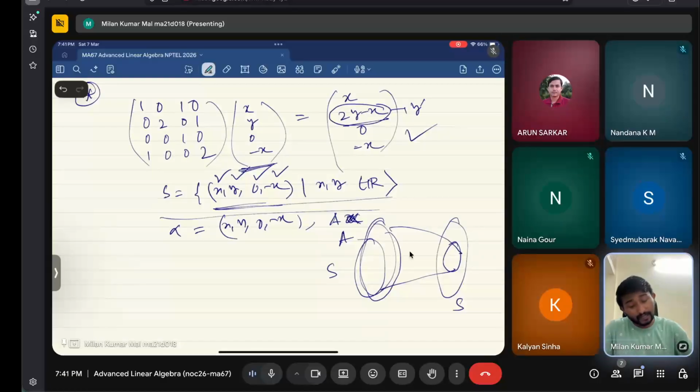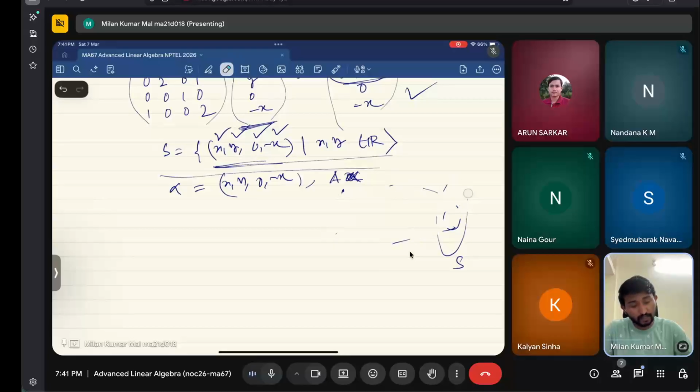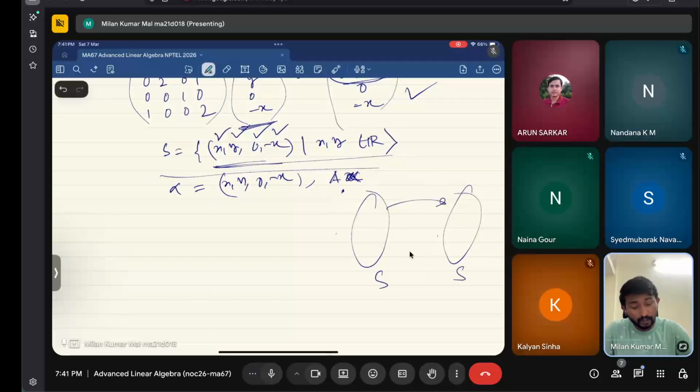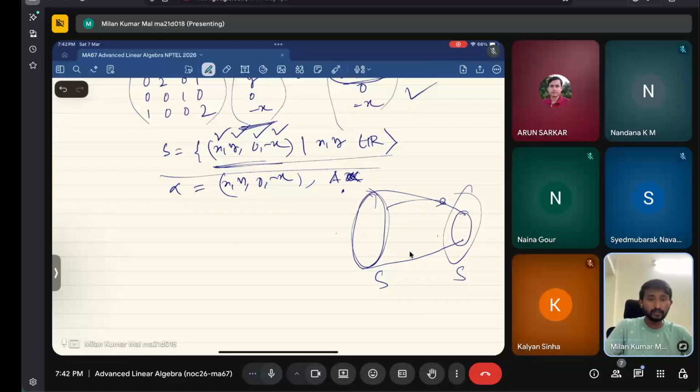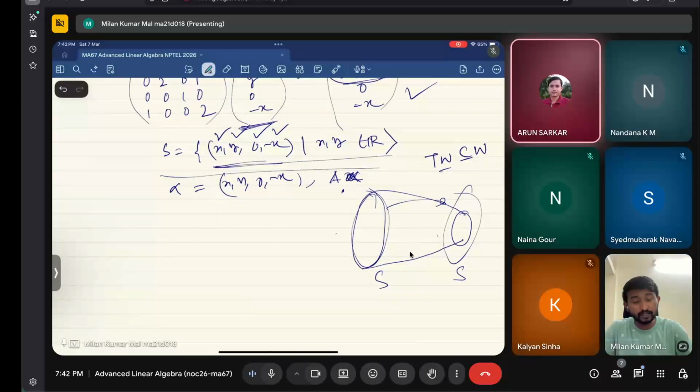I'm saying that as a subspace, S is a subspace of a vector space V. You have S and you have here S, and you are mapping by T, a linear operator, by A. So the range of T under this is something inside S that need not be the full S. A subspace is invariant if this happens.